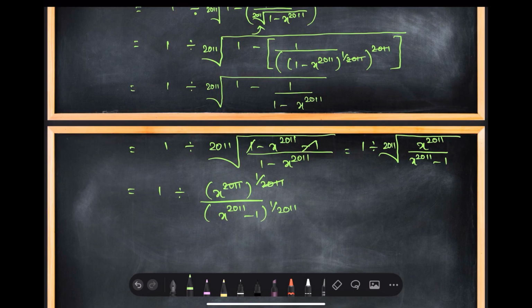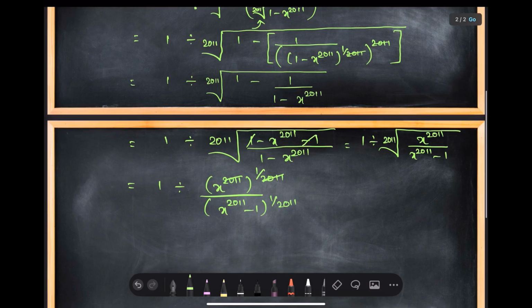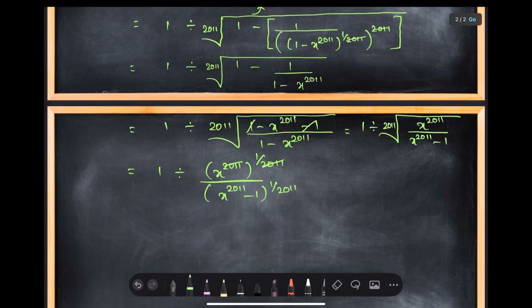Now this thing is gone, we are left with x, right? So we can write this thing as 1 divided by x by the 2011th root of x power 2011 minus 1. You cannot simplify this thing further.